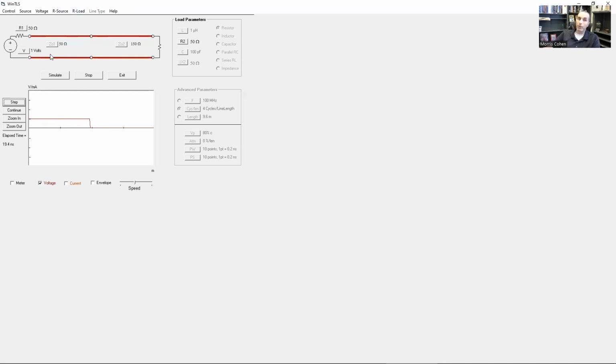So we're expecting half of this voltage value to propagate backwards. And what's going to go forwards into the second transmission line is the transmission coefficient, which is 1 plus the reflection coefficient. So since the reflection coefficient is 1/2, the transmission coefficient is 1.5. So let's see that in action.